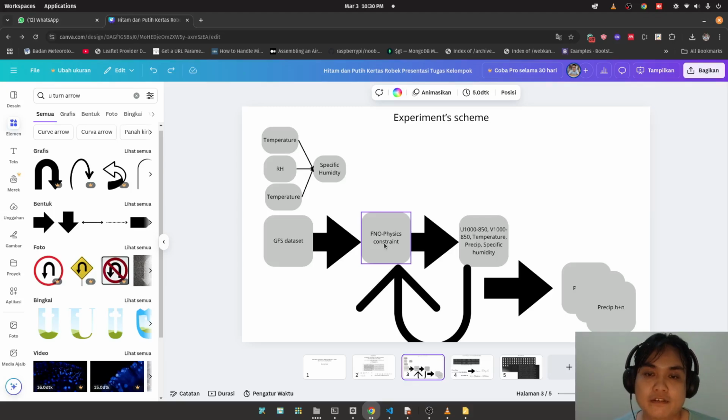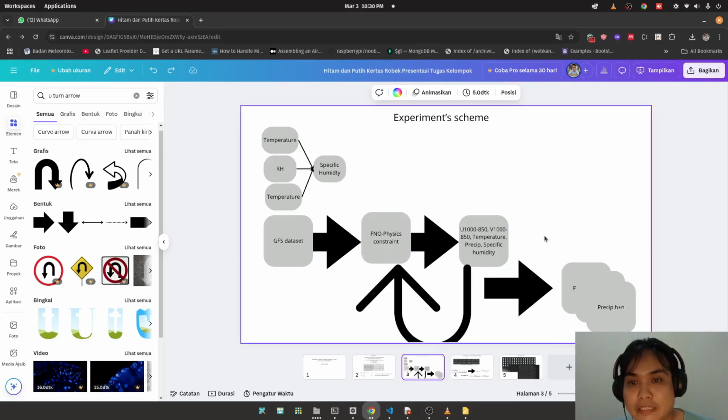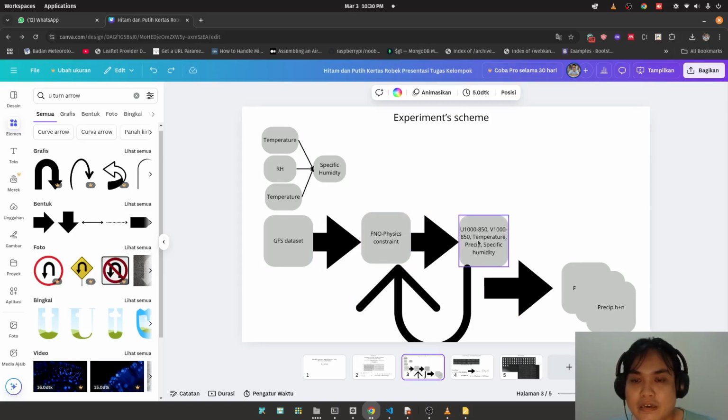For the FNO here, for example, the output is U at the 850 level, and V also at the same level, and temperature, pressure, and specific humidity. The FNO will result in this dataset. After that, in the next run, it will be inputted to the FNO again.